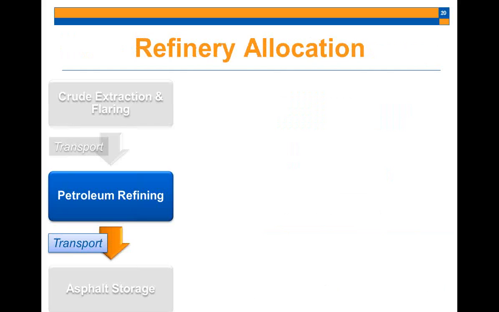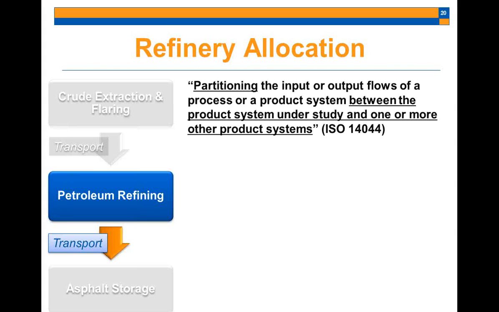And then finally, a big variable in refining is how we allocate the energy and emissions to different products that come out of it. So allocation is the concept that's defined in the International Standards Organization as partitioning the input or output flows of a process or product system between the product system and one or more other product systems not in the study.